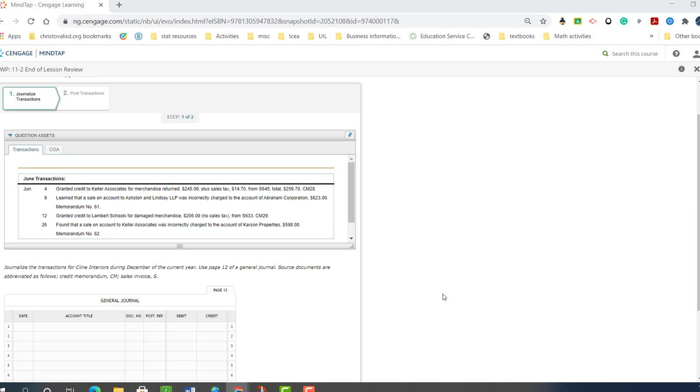So Keller is going to get a credit of the total, but we're going to have the merchandise return go to sales returns and allowances and sales tax payable. So let's go ahead and note those. This was on June 4th, and the accounts that we are going to be working with are the sales returns and allowances.